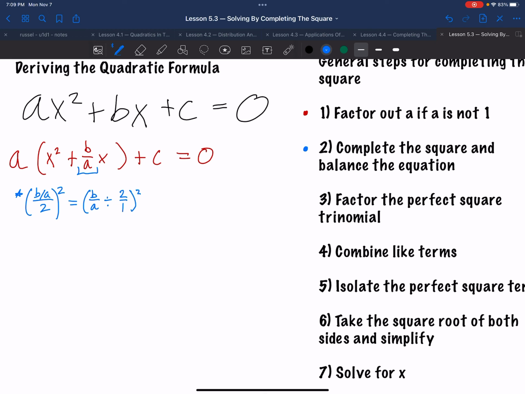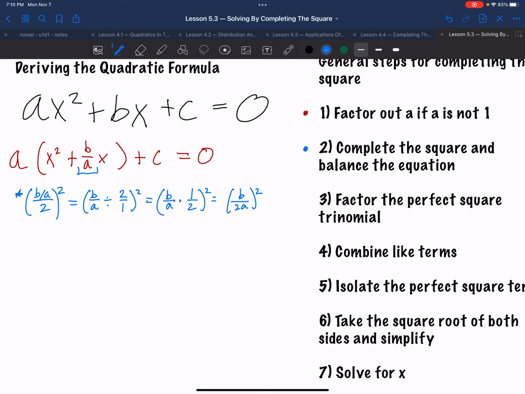Now, you can keep change flip if you know how to divide fractions. That gives 1/2, and then I have b over 2a squared. Or maybe you just know fractions and division really well and didn't need to write all those intermediate steps and can just jump to that conclusion.